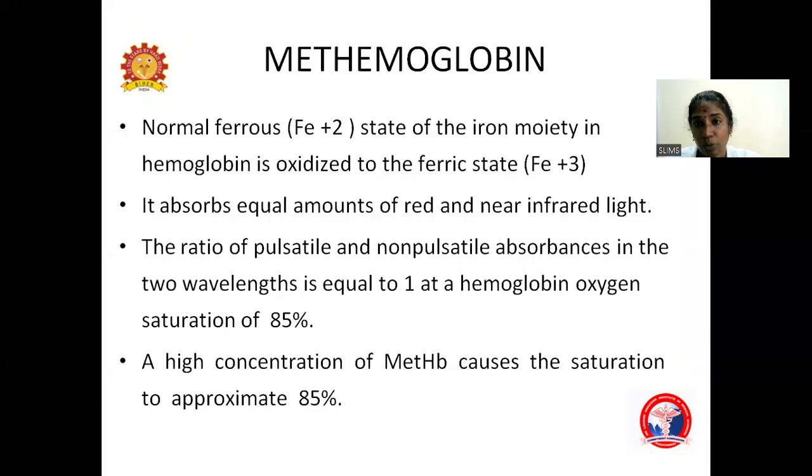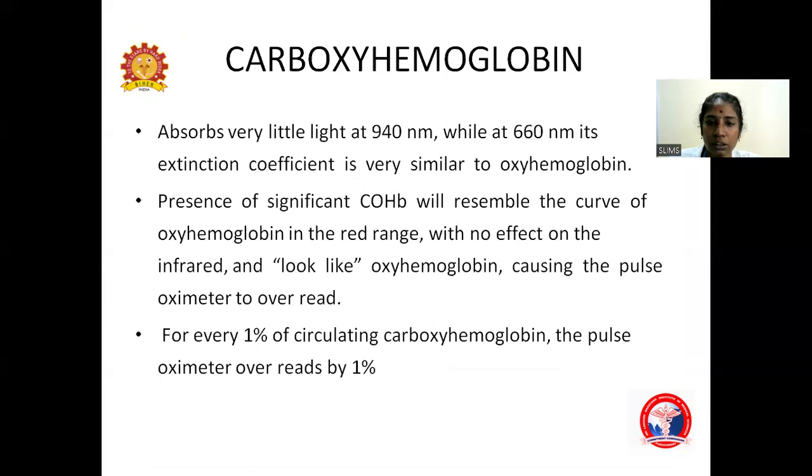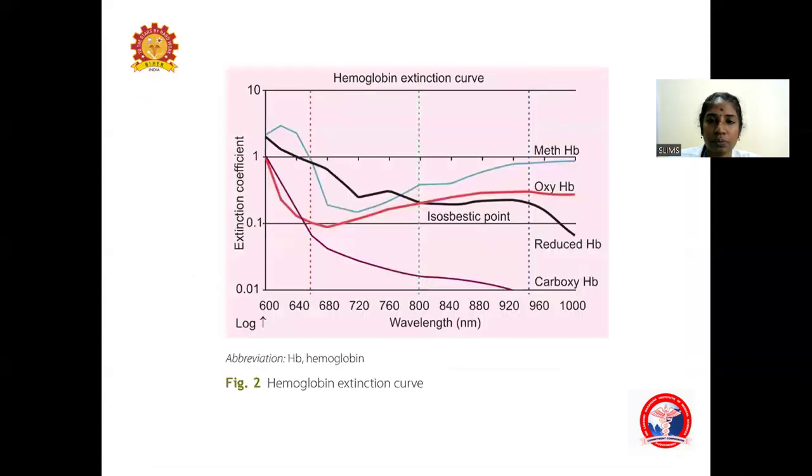Okay, then moving on to the two important entities we have discussed, methemoglobin and oxyhemoglobin. Methemoglobin at least. But carboxyhemoglobin shows the same wavelength absorption as oxyhemoglobin, so it looks like oxyhemoglobin.